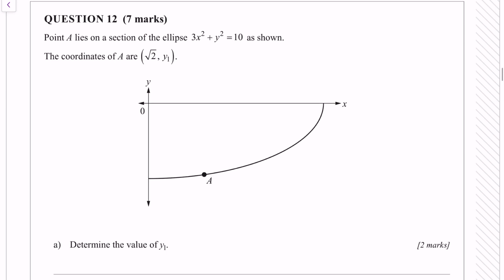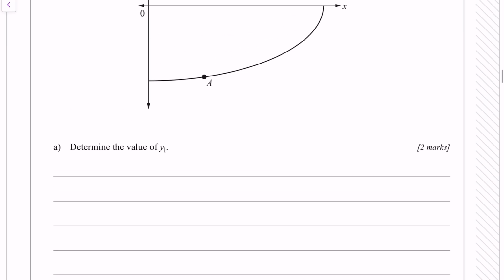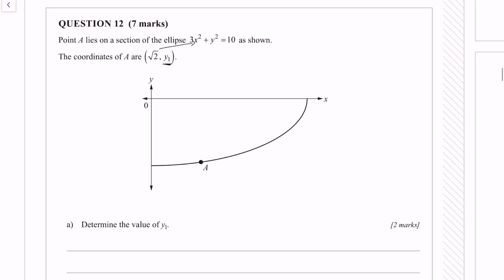But basically, y1 is just going to be the value of y when we plug in square root of 2 for x. Okay, and keeping those equations equal.